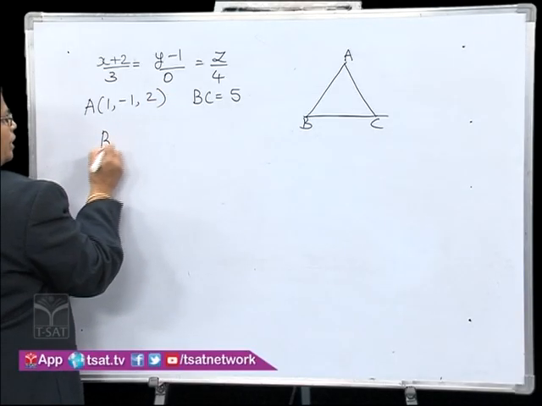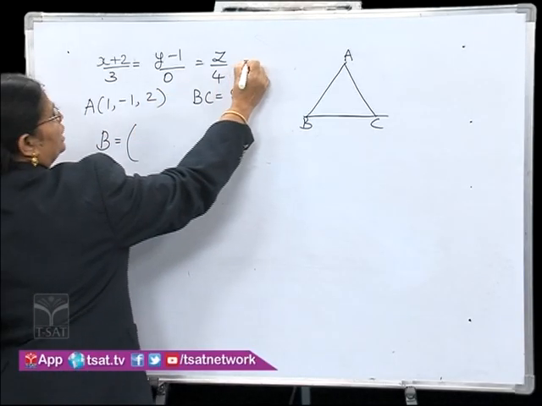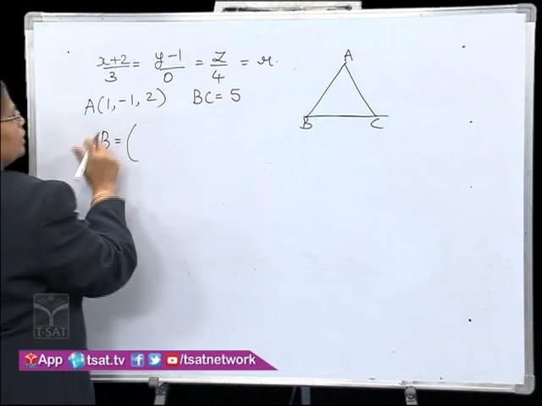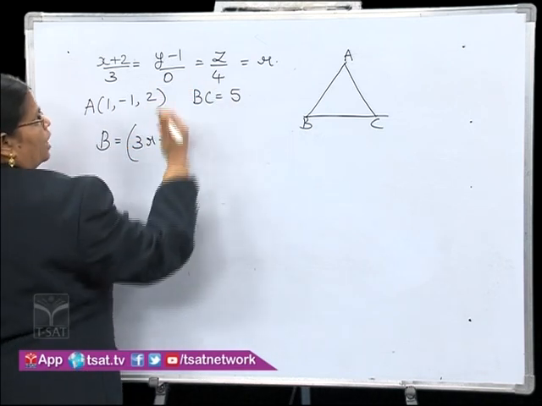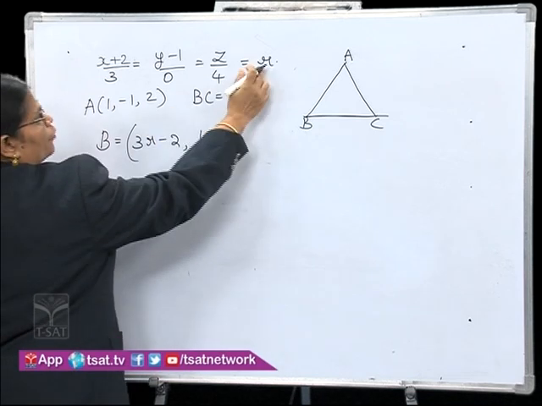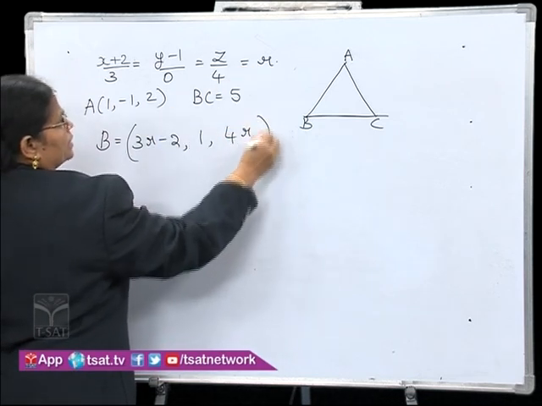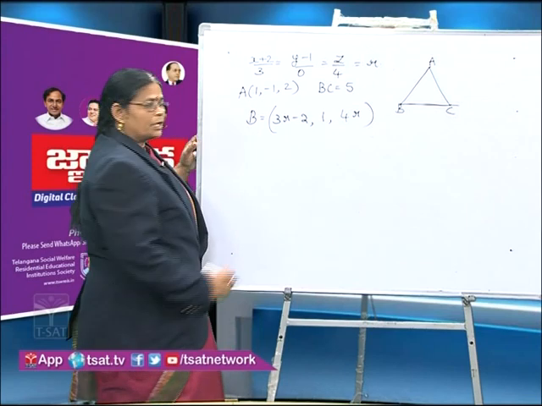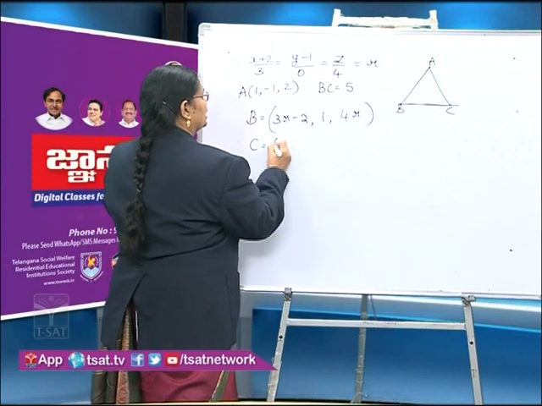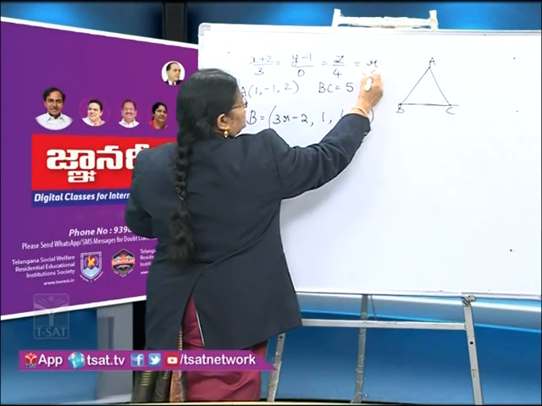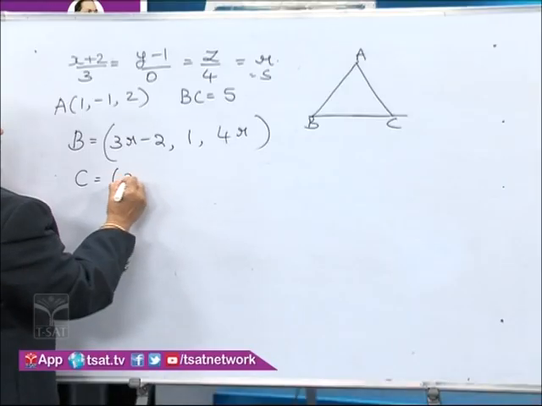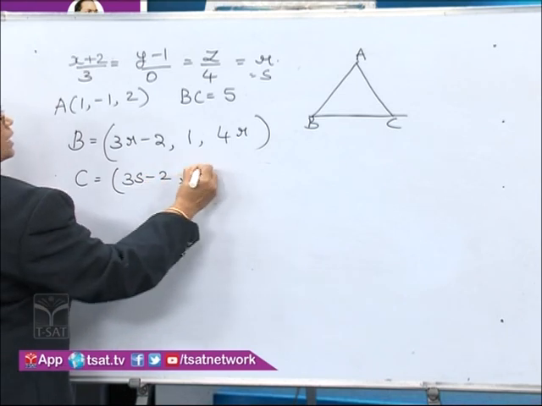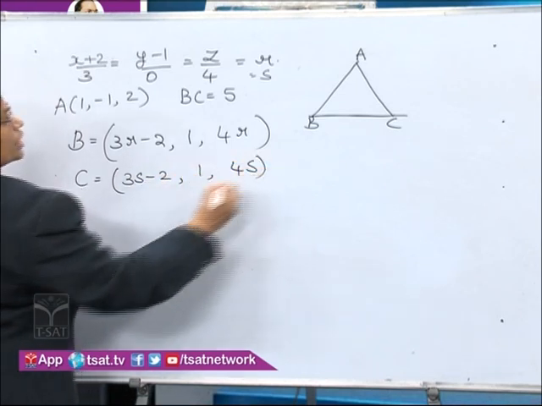Let B be, if I equate this to r, the point 3r minus 2, 1, 4r. Now, let us take one more point on the line, equating this to s. So, you get the same coordinates with r replaced by s: 3s minus 2, 1, 4s.